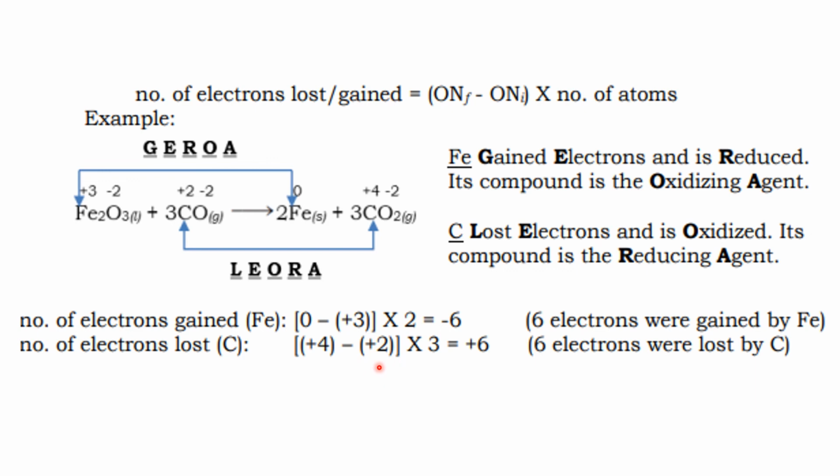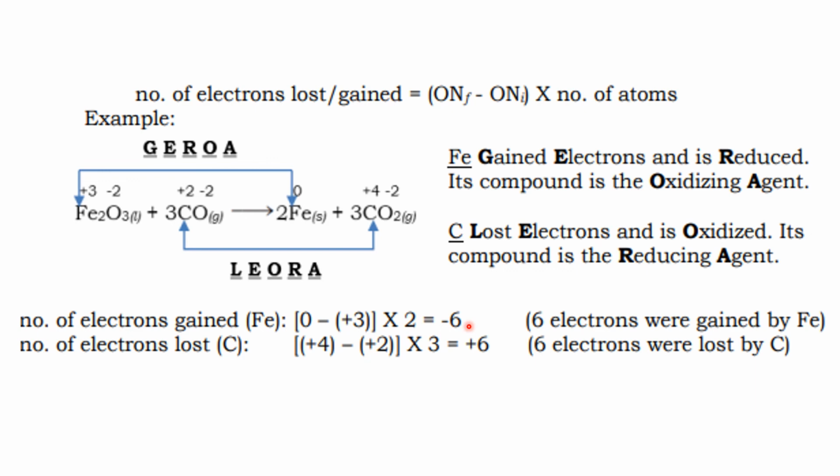Changing the sign of positive 2 to negative 2, we have positive 4, proceeding to addition, plus negative 2, we'll have positive 2. Positive 2 times the total number of carbon on both sides of the equation, we have 3. So 2 times 3 is equal to positive 6. Therefore, 6 electrons were lost by carbon.